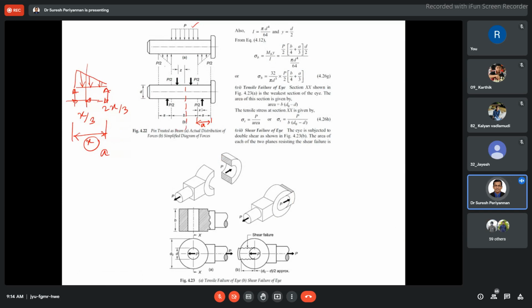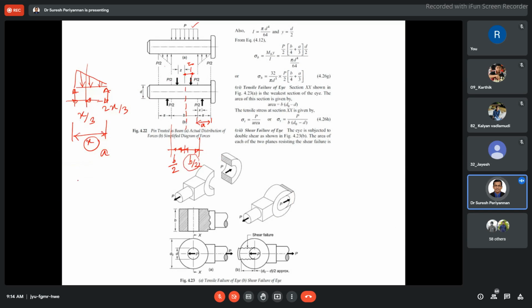The center is nothing but P by 2. From here, this side B by 2, this side B by 2. Now Z is the distance at which the load is acting, Z by 2 on this side and Z by 2 on this side. What is Z? Z is the average of this, B by 2 whole divided by 2.